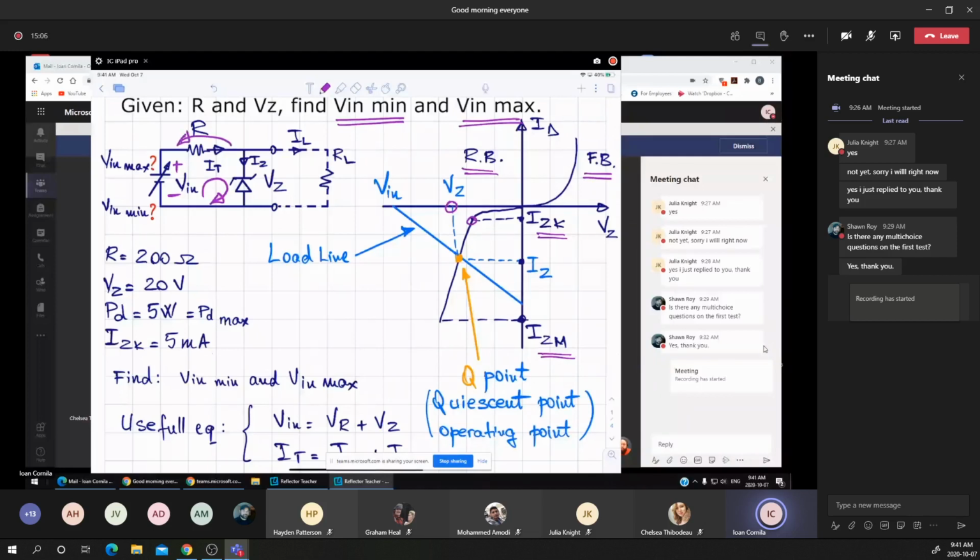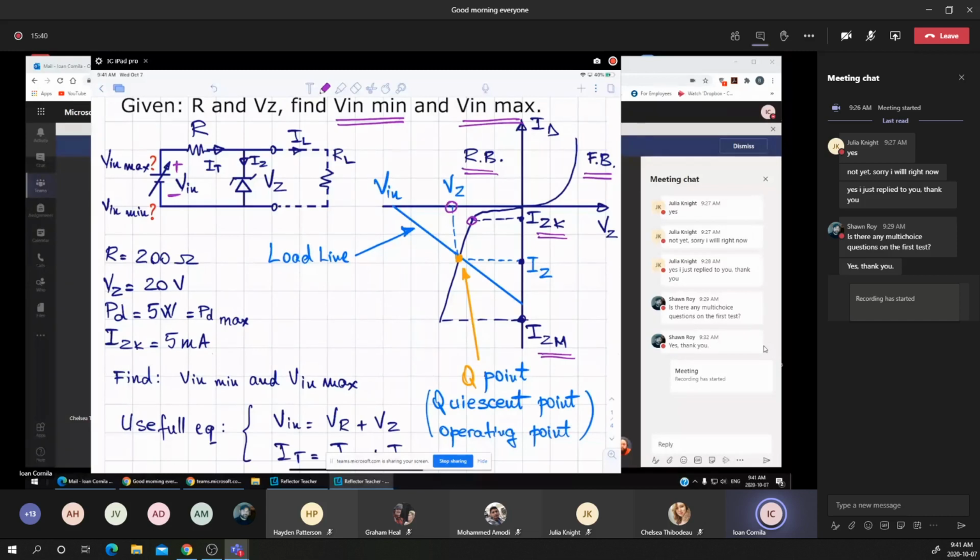VZ is given, or we know the voltage that is required for the circuit, so from the main equation we can determine Vin as VZ plus the voltage across the resistance. You notice that in this graph I represent the VZ and the Vin. Vin always has to be greater than VZ.